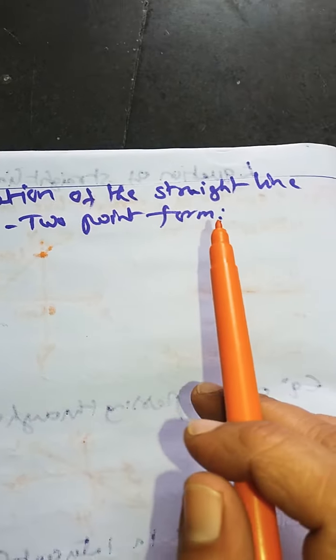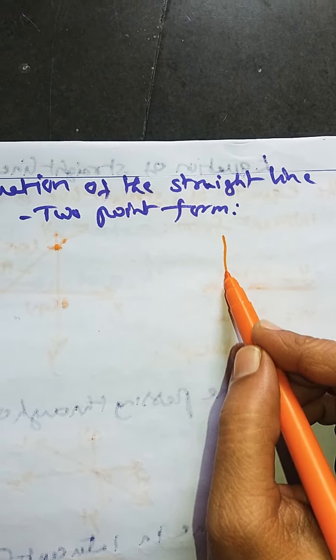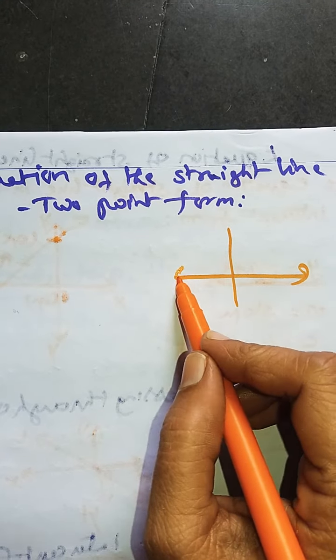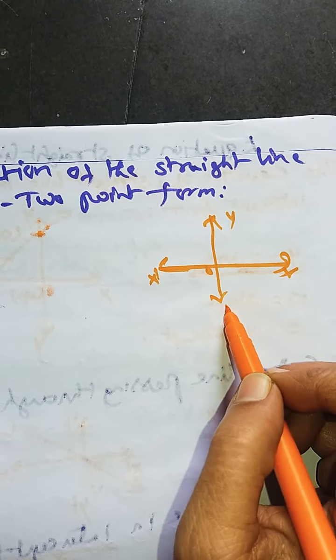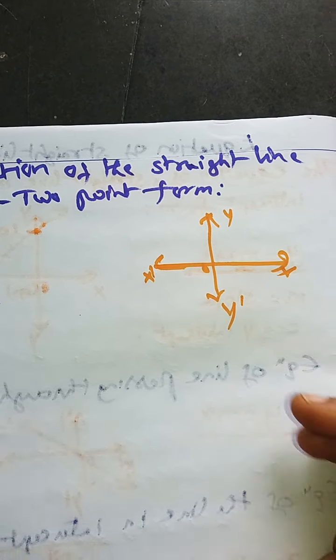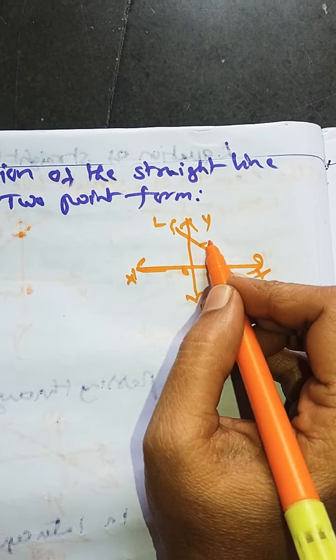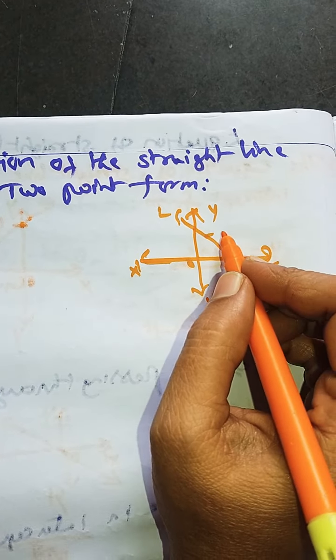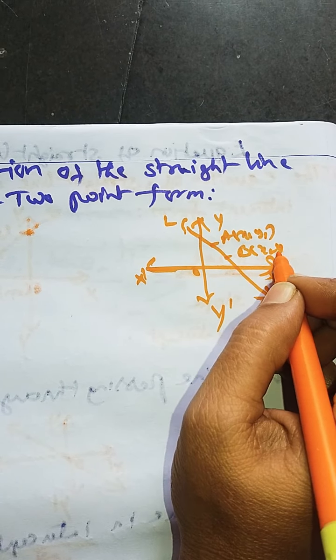Now the equation of the straight line in two-point form. Let us take the x-axis and y-axis which intersect at the origin, XOX', YOY'. Now I will take a line L which passes through two points A (x1, y1) and B (x2, y2).